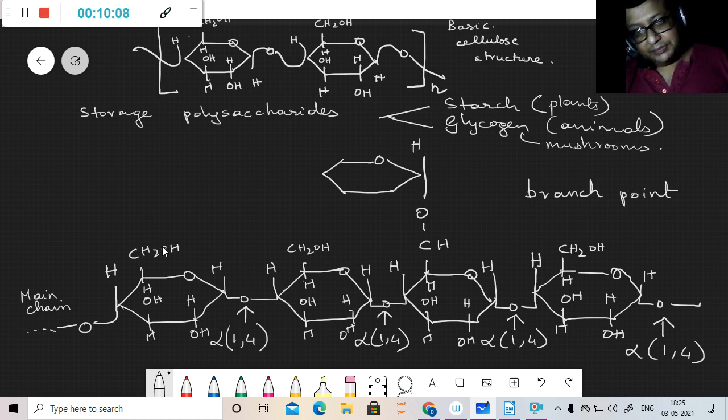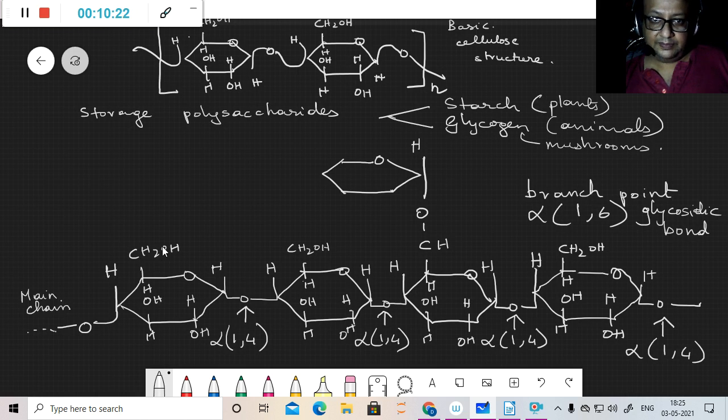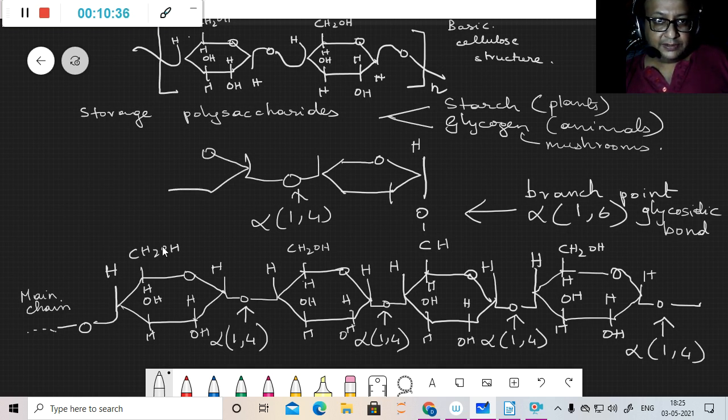Alpha 1 to 6 glycosidic bond. This is a branch point. And again over here, this is an alpha 1 to 4 glycosidic linkage. You draw the bonds and it goes on like this, the main chain.